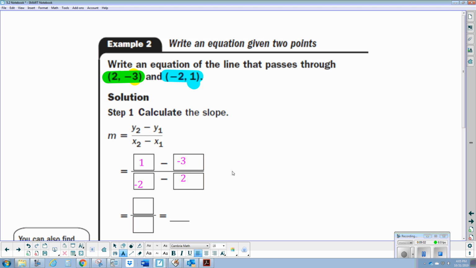Okay, now I'm going to simplify this a little bit. 1 minus -3 is the same as 1 plus 3. So I have 4. -2 minus 2 is -4. So my slope is -1.